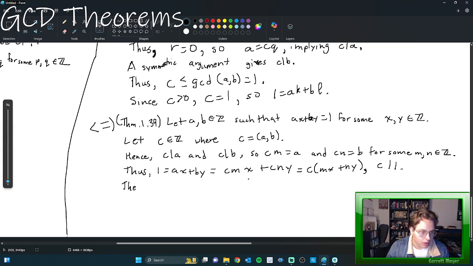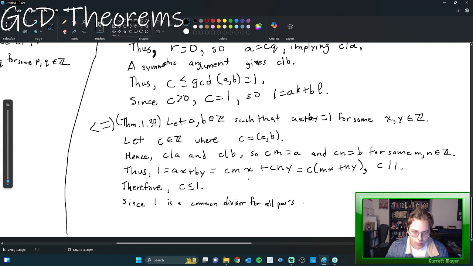Therefore, C is less than or equal to 1. Since 1 is a common divisor for all pairs of integers, C is greater than or equal to 1.